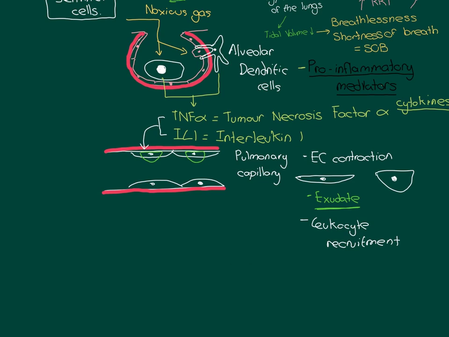So if I just draw a picture of this, let's say we have one endothelial cell there, one endothelial cell here. Both of these have contracted, which is why the gap's there. Let's now say we have a white blood cell, which I'll have in yellow here.